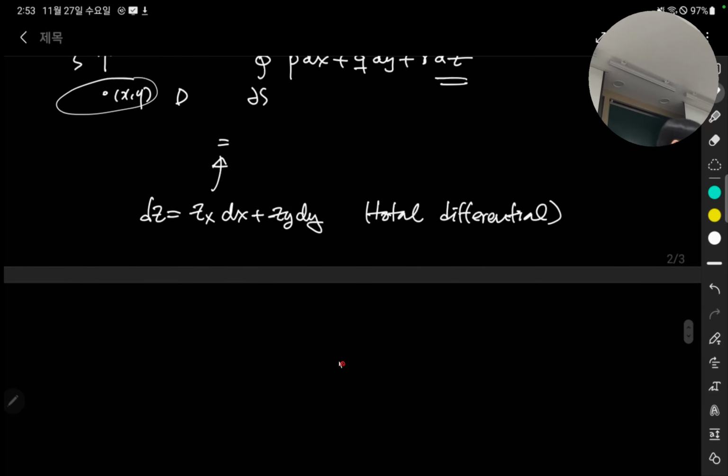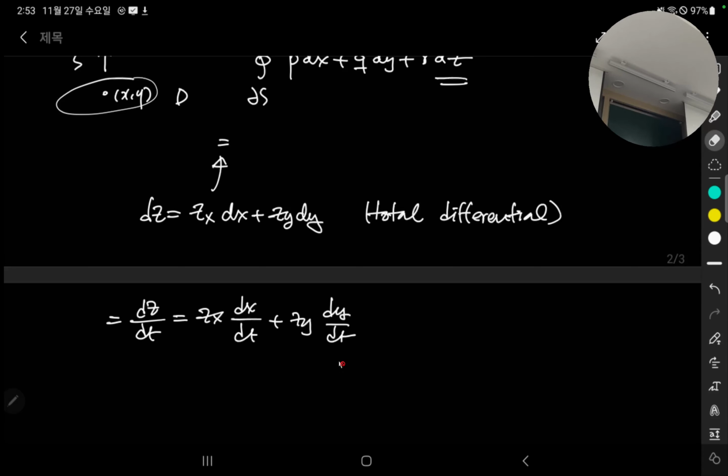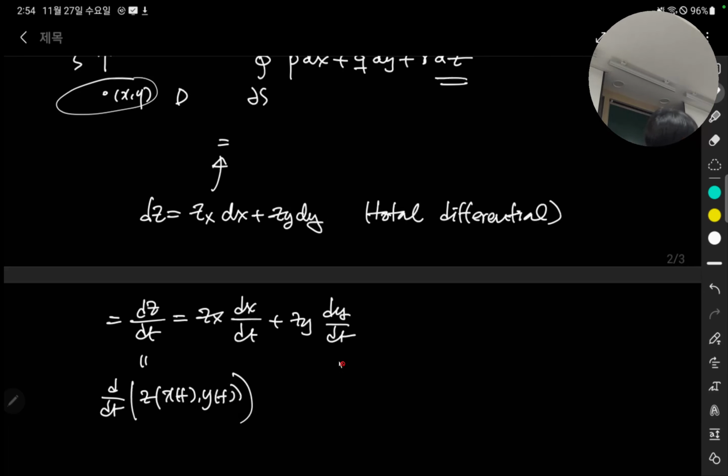If you divide both sides by dt, what you get is dz/dt equals z_x dx/dt plus z_y dy/dt. On the left-hand side, it's z prime, meaning that it's a derivative of z in terms of t, in the sense that we are talking about d/dt of the function in terms of t, because x and y are now replaced by functions of t.